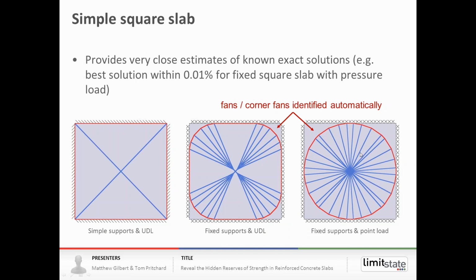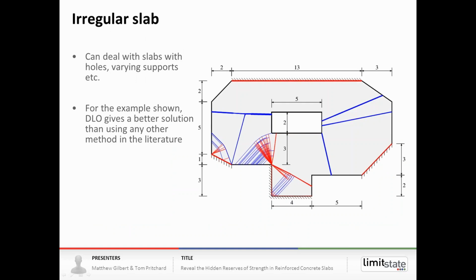And the big difference between the DLO method and previous methods that have been applied to this problem is these kind of fan mechanisms are identified automatically without difficulty. Also, we can apply the same method to regular slabs. So here's a slab with a hole, and for this particular problem we were able to get a better solution than any other in the literature, and it solves very quickly as well.